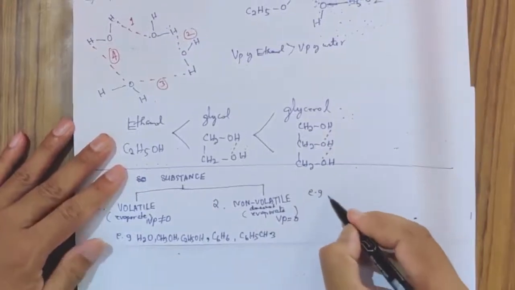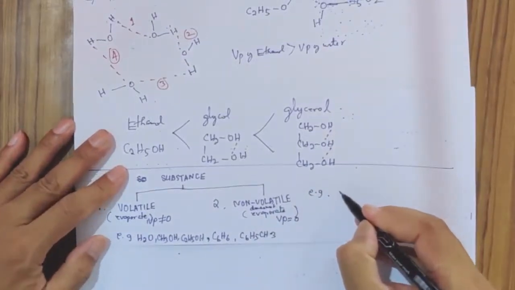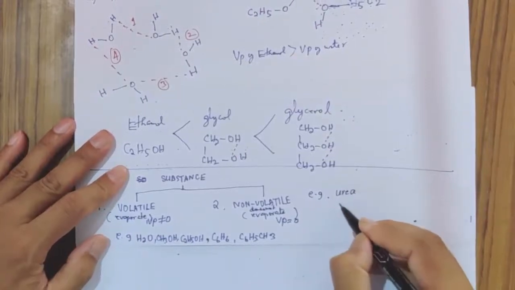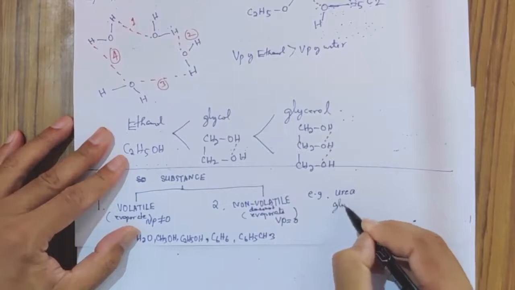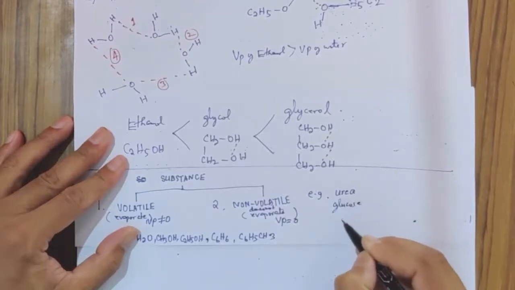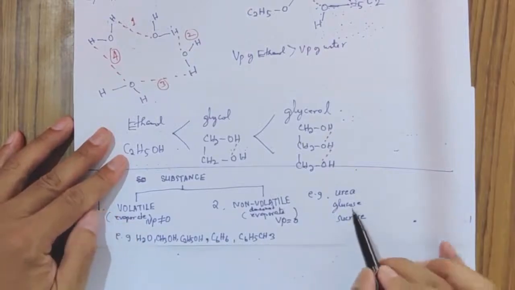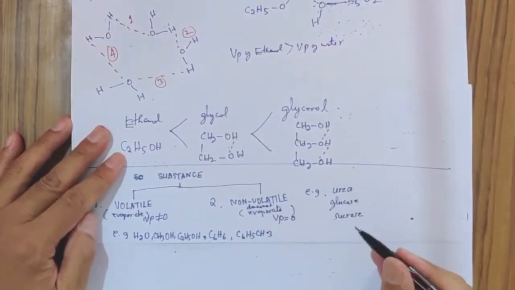Non-volatile examples are urea, glucose, sucrose. These are non-volatile examples.